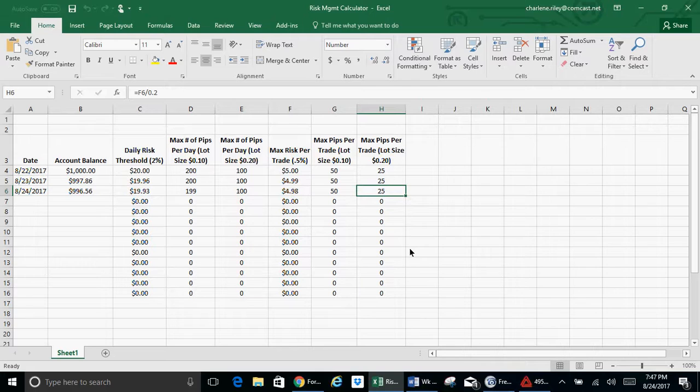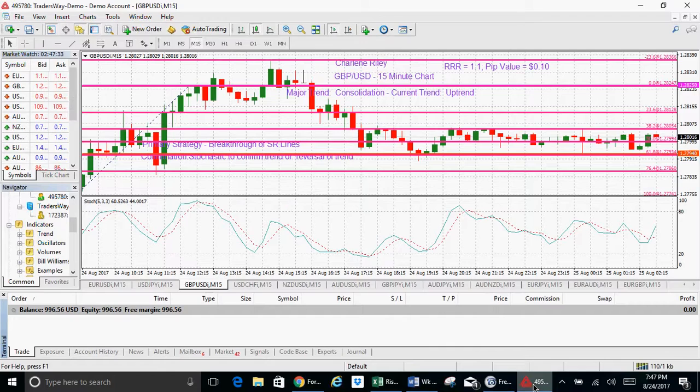So now that I know what I can trade with, I am ready to go to the markets. And again, the Sydney market is open right now, and Tokyo will be opening in about 15 minutes.